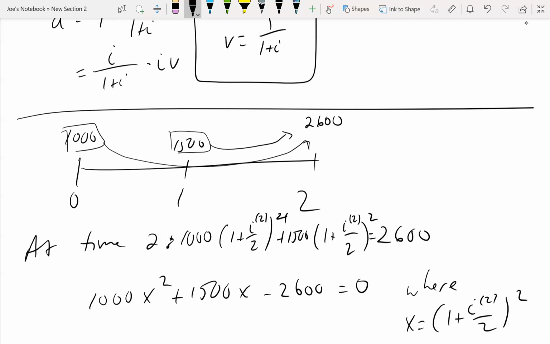Figure out x and then figure out i, instead of writing it all. I mean, you can write it all out at once, but I think I would make a substitution so I see the quadratic equation and then figure out the number.